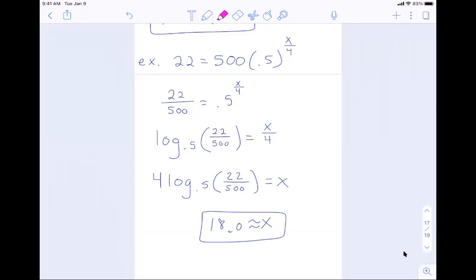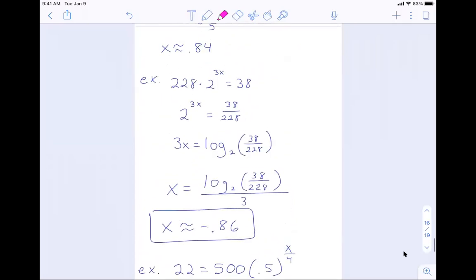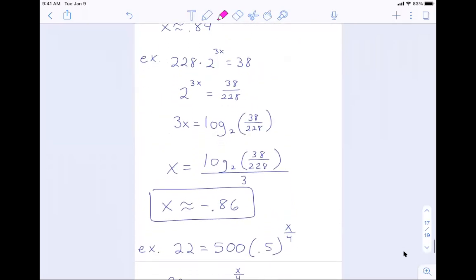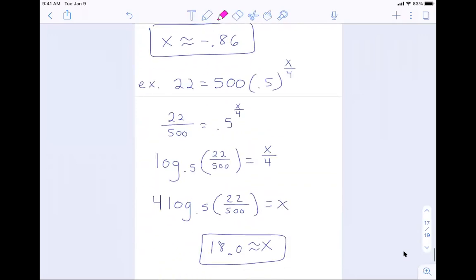Yes, it's not an exponent anymore. So looking at the previous problem here, the 2 came down to be the base. And this, that was the exponent, came down to be by itself. No longer an exponent. Okay. All right.